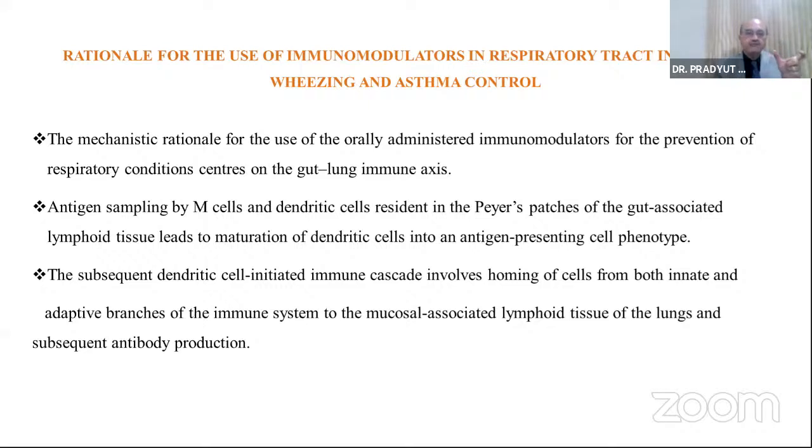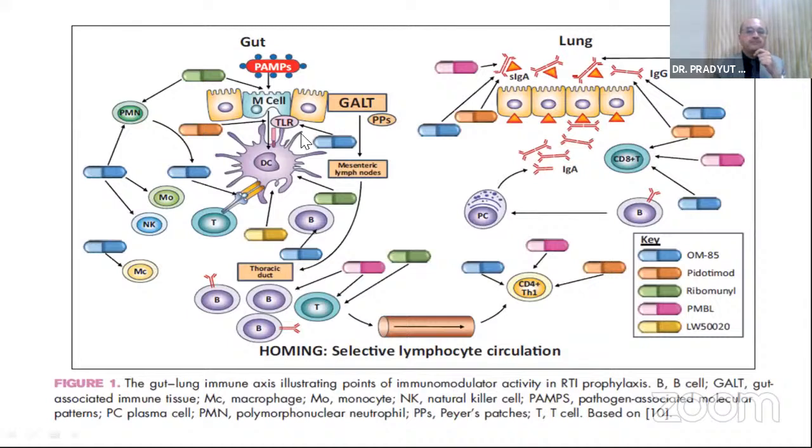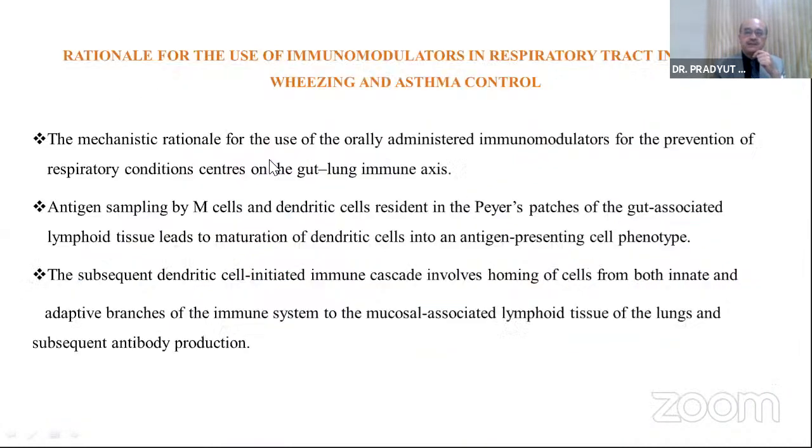Those antigens or infections presented to the M cells and the dendritic cells located in the Peyer's patches of the gut lead to maturation of these dendritic cells. These dendritic cells mature and then present the antigens to the various other immune components. The matured dendritic cell changes into an antigen presenting cell phenotype and presents the antigen to the components of immunity.